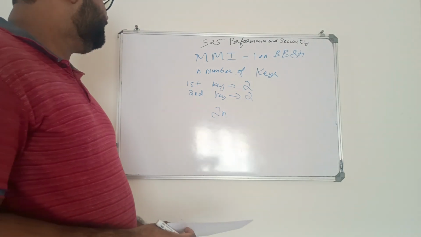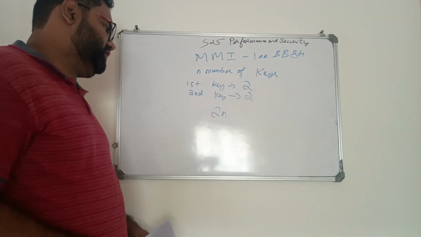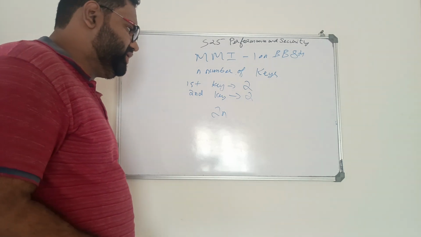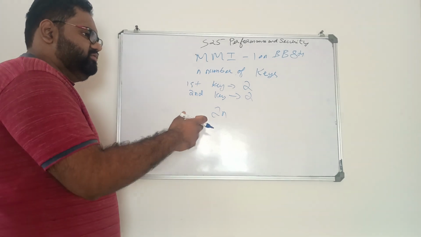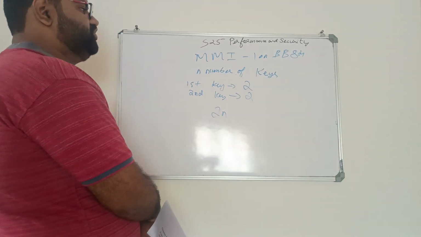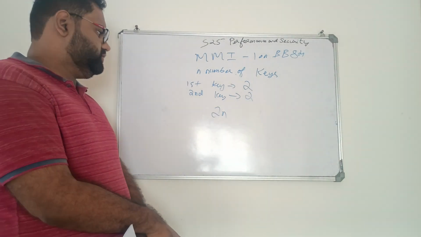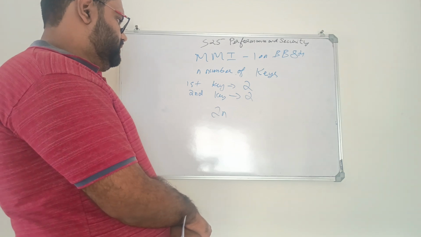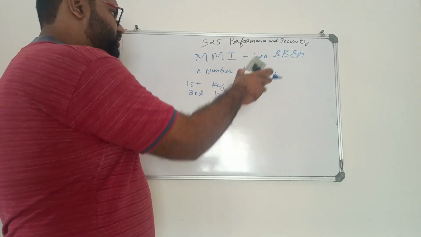If we combine all of those keys, then I'm going to have 2n bits of ambiguity. And then I can include the statement saying that maybe we don't know where the exact bit is. So this is the scaling of MMI minus 1 on BB84.